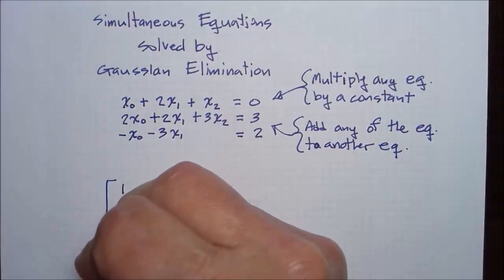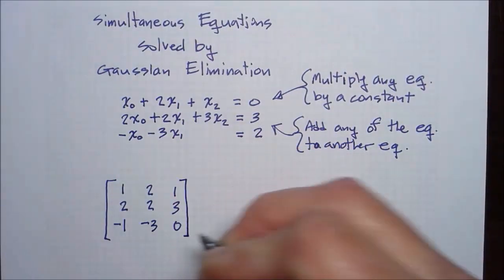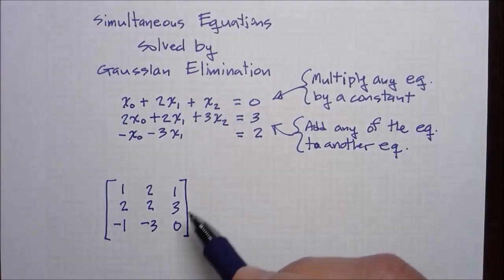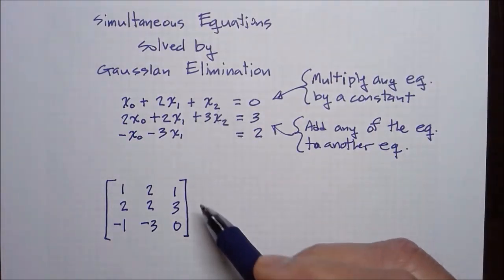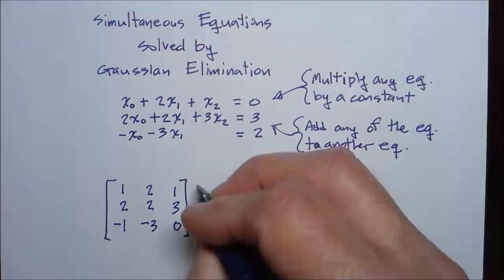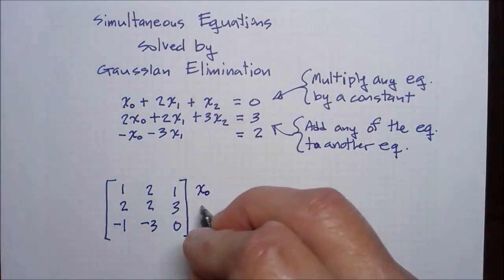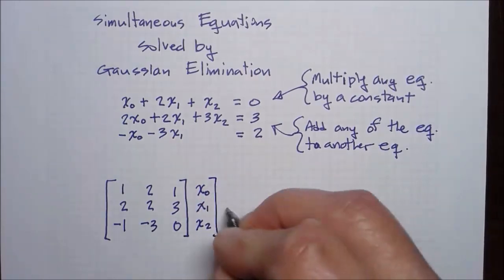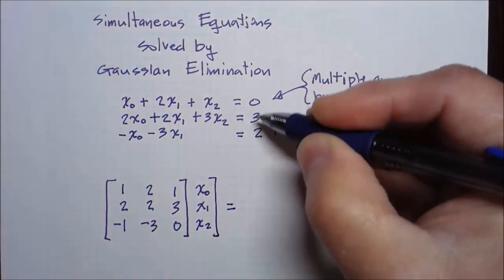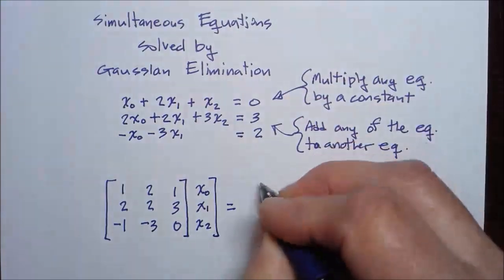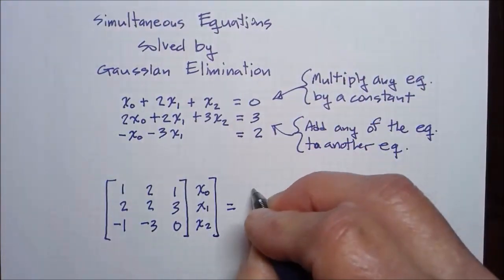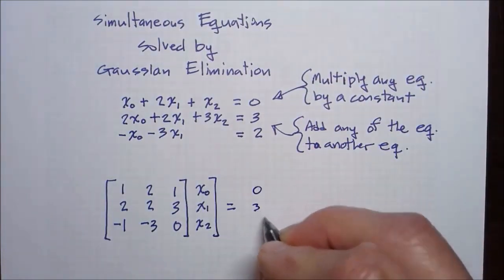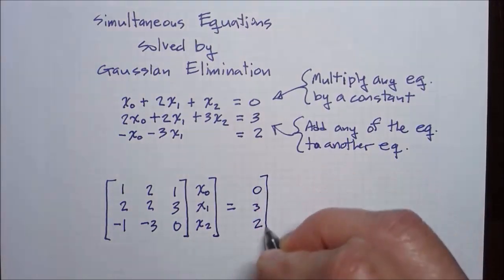This forms a square matrix. This square matrix can now multiply a column matrix made up of the unknowns x0, x1, x2, and we can set that equal to a column matrix of these known values on the right hand side of the equations: 0, 3, and 2.